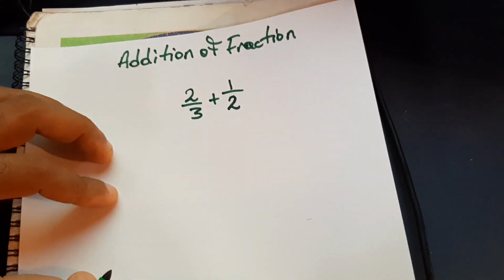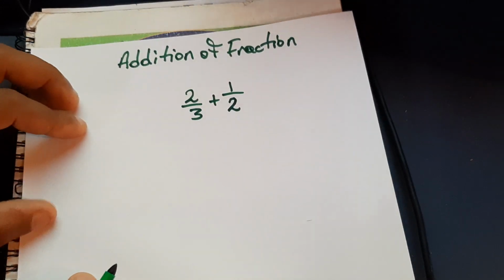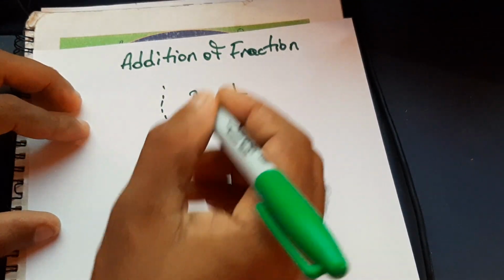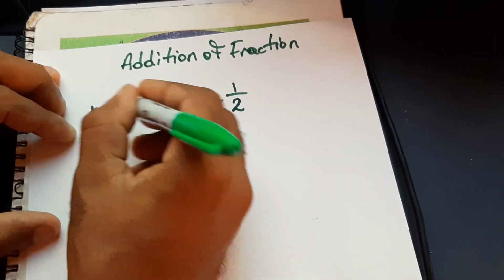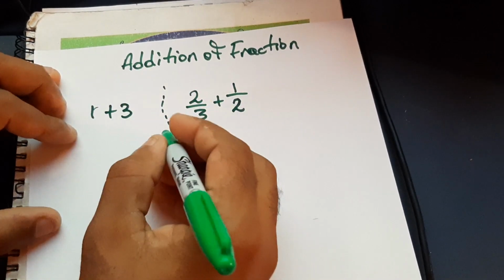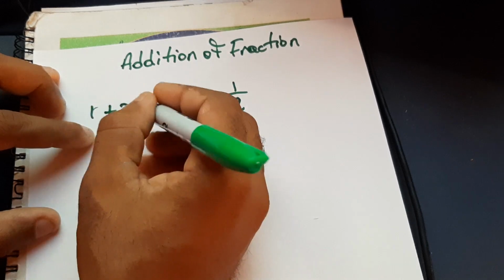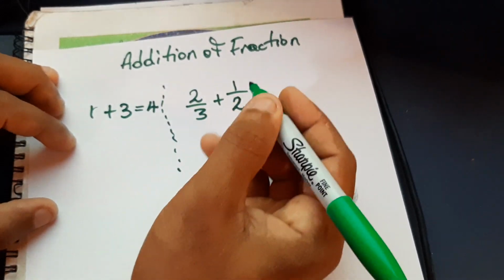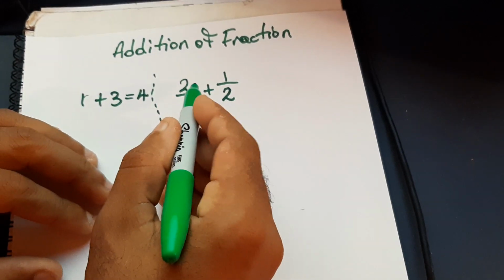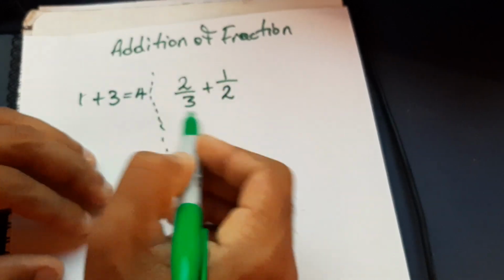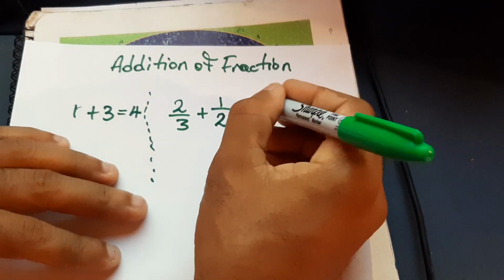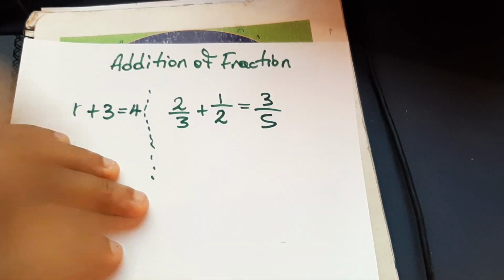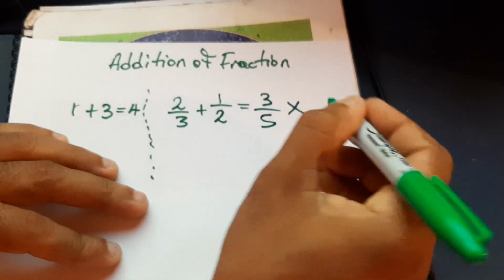Now, when we're adding whole numbers, let's say we have 1 plus 3, and we know that 1 plus 3 is equal to 4. But if we're adding this and we don't know anything about it, we would probably write the answer as 3/5, which is not entirely correct.